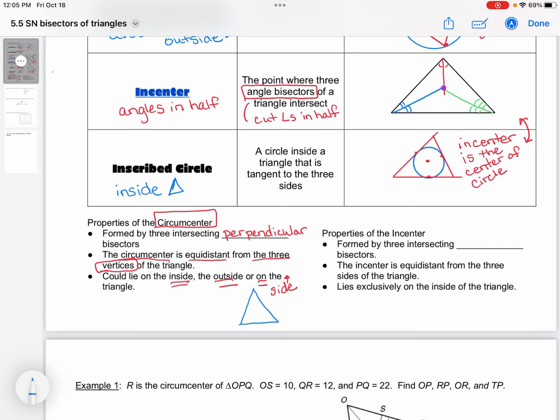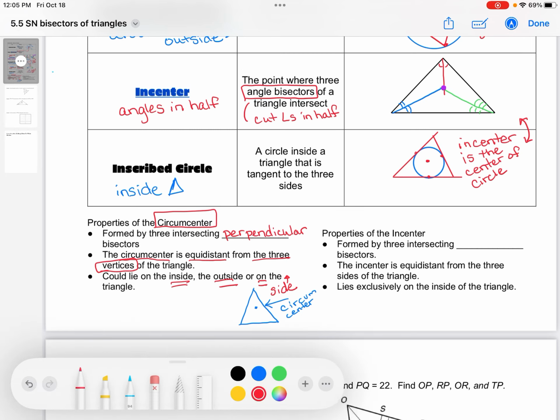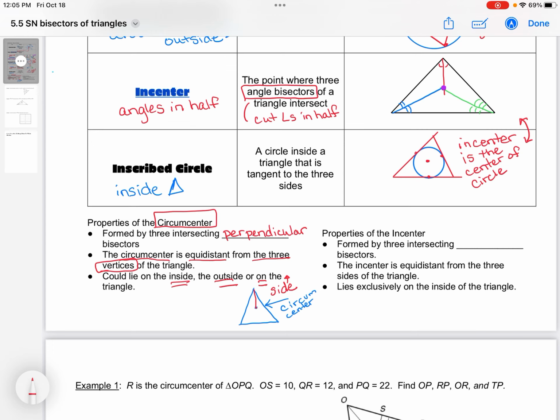Okay, if I have a triangle, and I tell you that that is the circumcenter, then if I drew lines from there to each vertex, these three lines would be equal to each other.